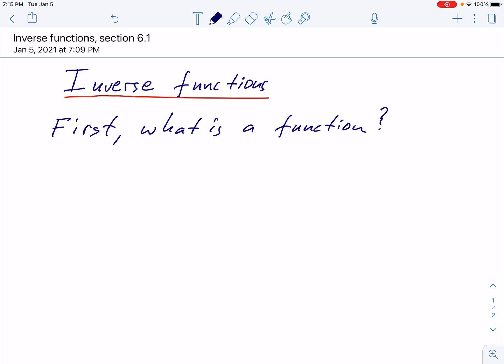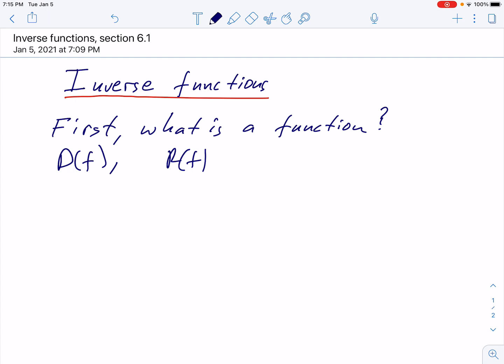And in mathematics, a function is an object consisting of three components. The function has a domain, Df. It has a range, Rf. This is standing for range.